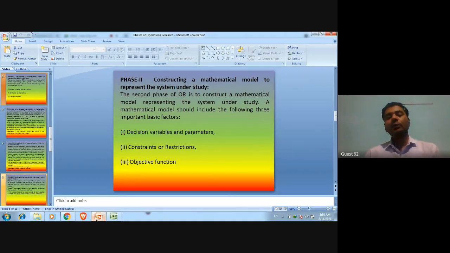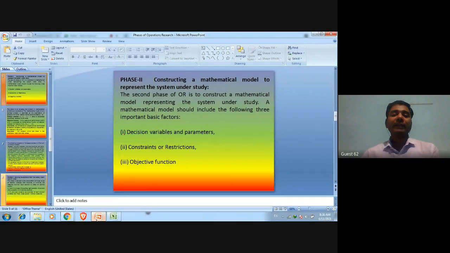Just as I told you in the features of operations research, mathematical tools are used in operations research. So to construct a mathematical model, we will use symbols and mathematical operations.